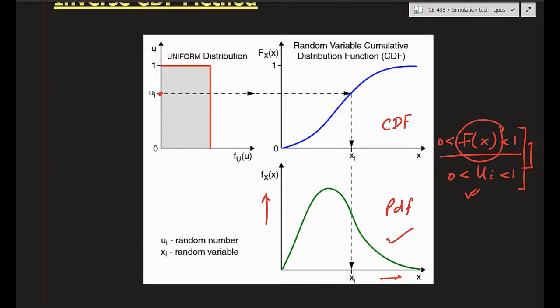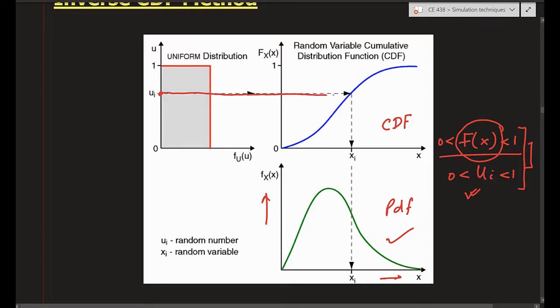What we are doing is illustrated here. Let's say we have a random number ui, and I go to the CDF and see which value corresponds to this ui. Once I know this ui and this value, then we go to the x-axis and calculate this xi, the corresponding value that is coming from the distribution.